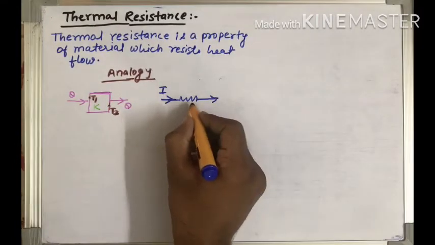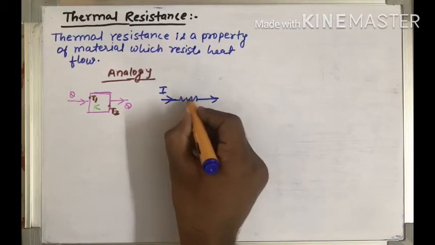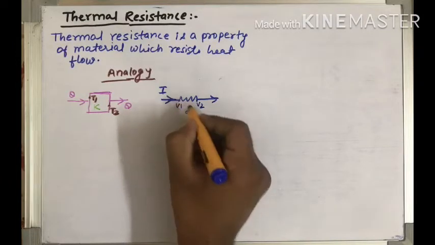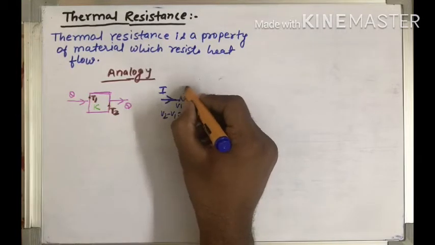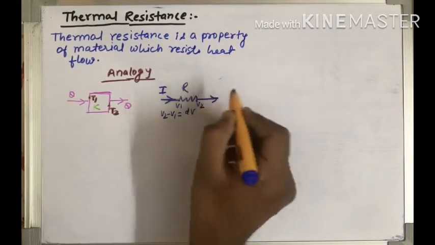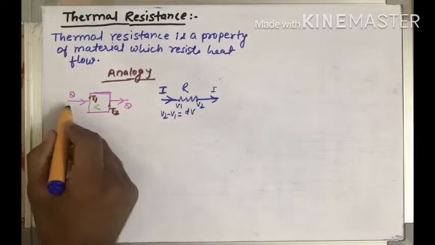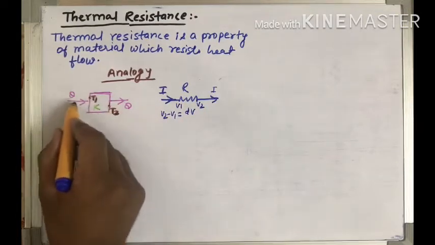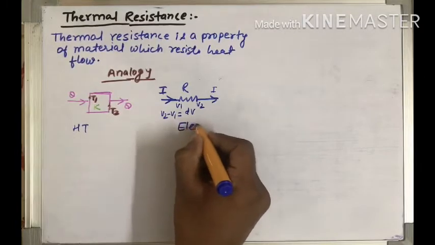There is a potential difference between these two ends, so that is dV; here it is V2, here it is V1, and V2 minus V1 is equal to dV. And there will be some electrical resistance. Now, if you compare, this is heat transfer and this is electrical.